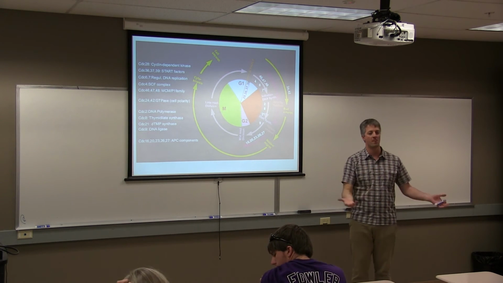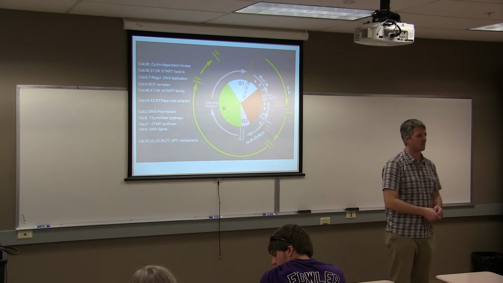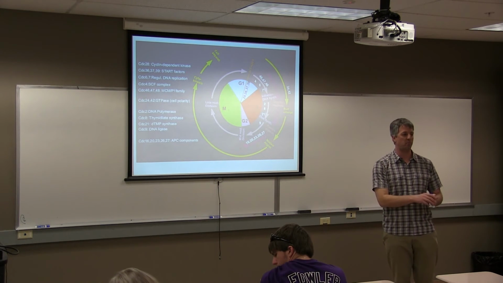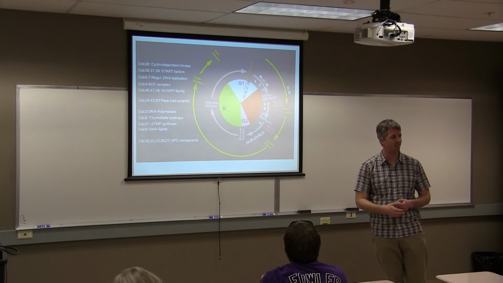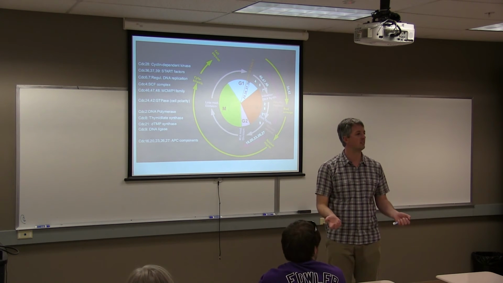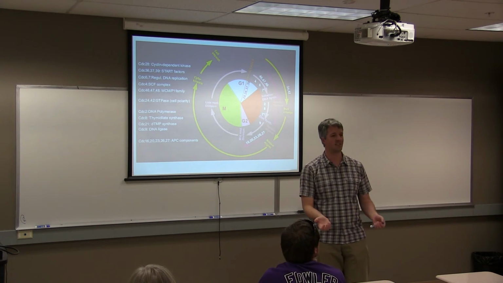Okay, so now we have mutations, and we know we have a pile of separate mutations. Do we know what gene any of these mutations are in? We have no idea. This is geneticists.